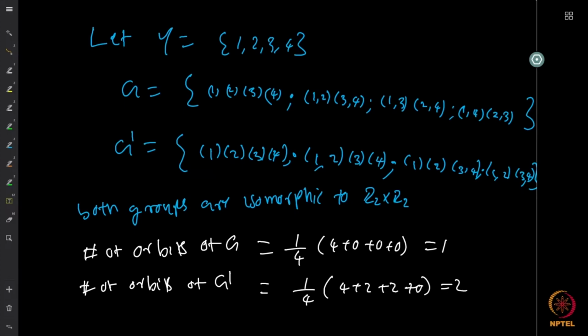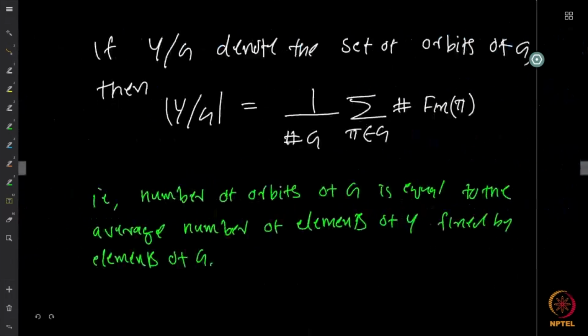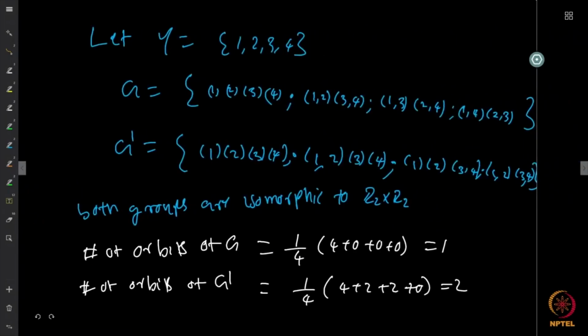But as we observed earlier, the action will be different because the cycle structures are different. So the number of orbits of G is given by 1 by 4, the cardinality of G is 4, times the elements fixed by each of these.